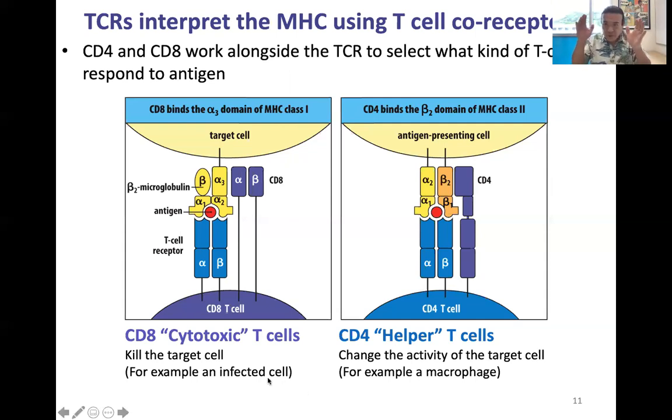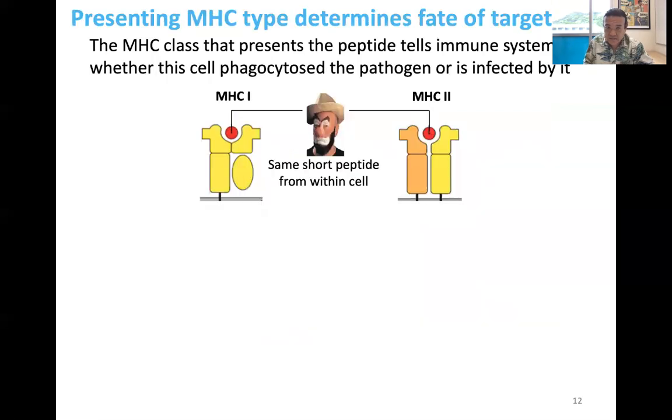So we have these two main populations of adaptive T cells in our body, the CD8 positive and the CD4 positive. Each one of these only has either CD8 or CD4 on their surface. You're not going to have one that has a mix of the two, because that's how these two types of T cells can tell what the message is that's coming from the cell that they've bumped up against. Let's think about it this way.